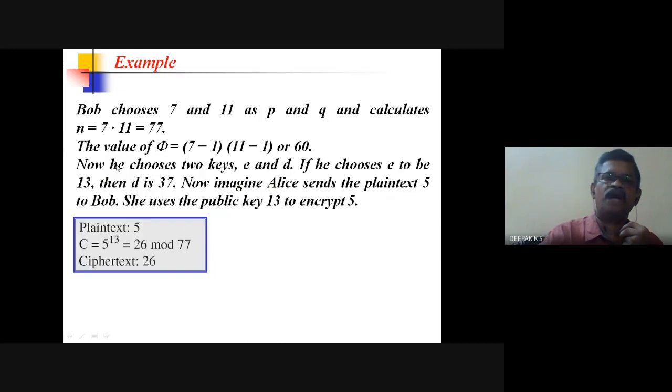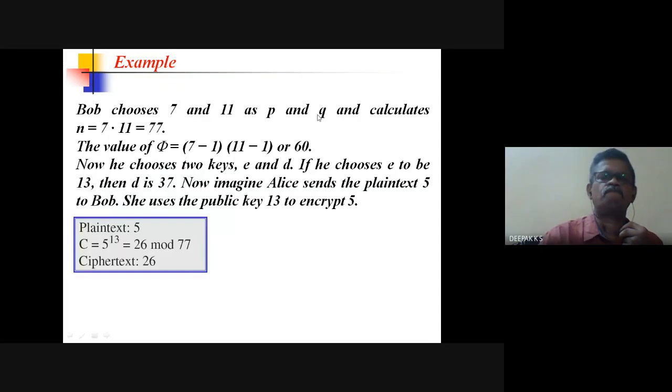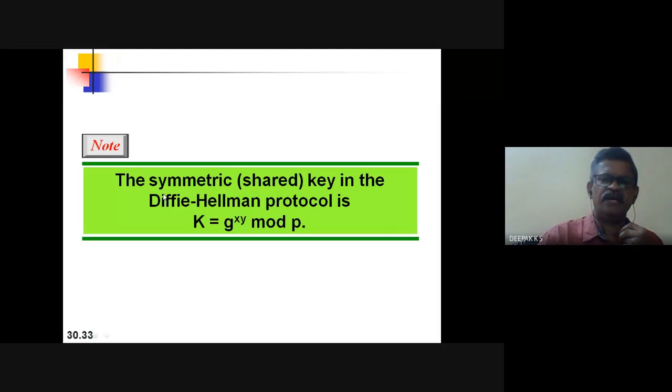Now this value can be found out. Now Bob uses the private key. This private key is this phi, and that can be generated. And we are not going into details of this.